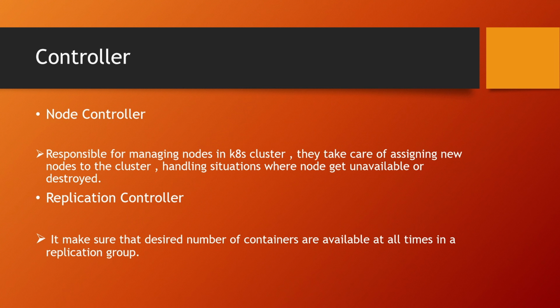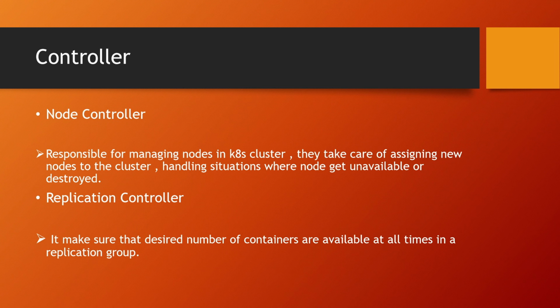If any of the nodes goes down, it will try to restart that node and make it up. If it doesn't work that way, it will try to remove all the containers which are deployed on that worker node, and it will deploy that application onto another worker node, because it needs to manage the number of replicas for the end user, so that the application whatever they are using stays available.